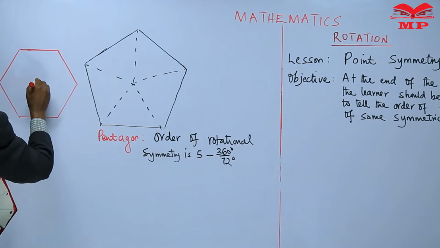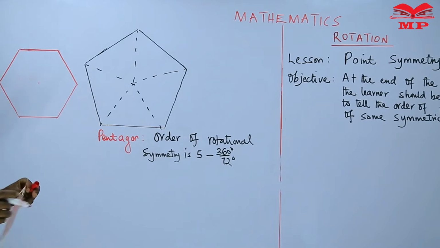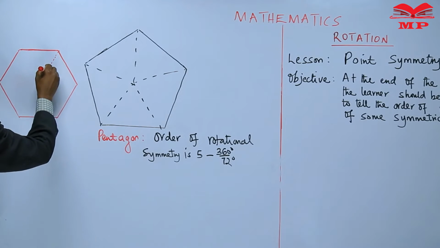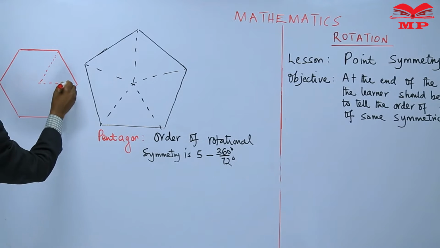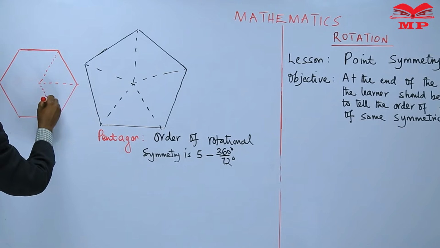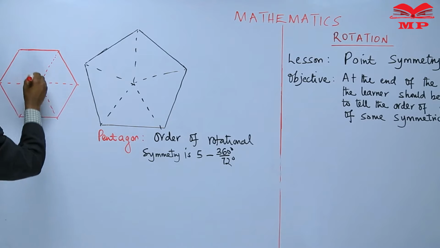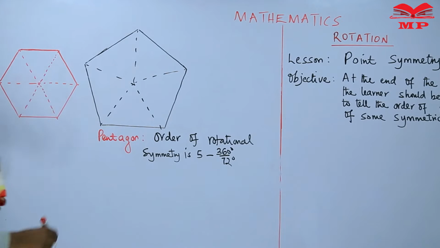So that's actually a hexagon. So to get the order of rotational symmetry, we try to rotate, and you realize that angle. Since it is 6-sided and they are equal, the angle is 60 degrees.